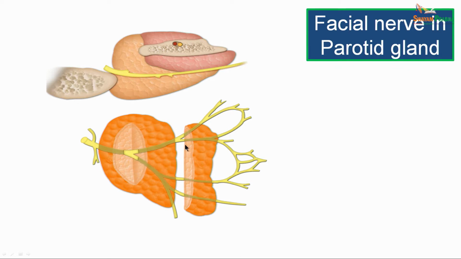And then these trunks further divide into the terminal branches of the facial nerve, that's the temporal, the zygomatic, the buccal which divides into upper and lower buccal, the marginal mandibular and the cervical branches. So, these radiate like goose feet, giving rise to the pes anserinus type of pattern.